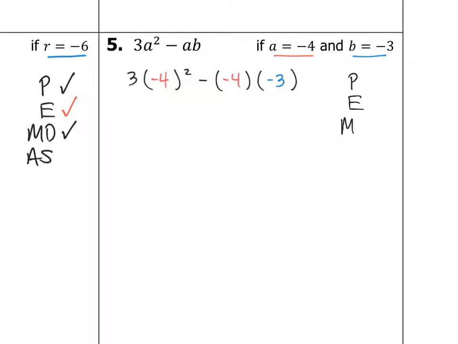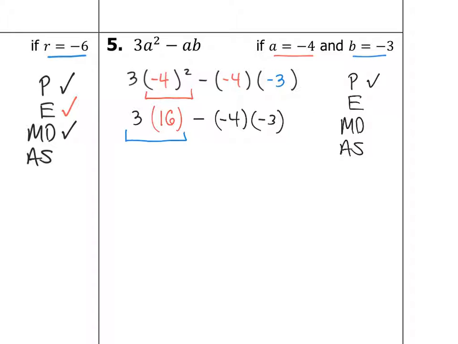Again, I'll start with my exponents. I see a negative 4 squared here. Negative 4 squared is positive 16. So I have 3 times 16 minus negative 4 times negative 3. Next, I can do my multiplication. I see a multiplication in 2 places.